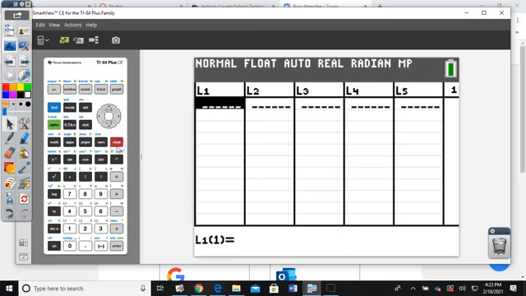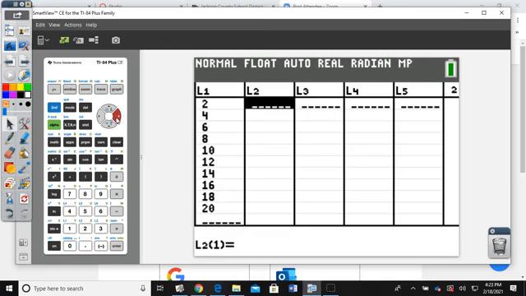Whoa. Something's not right. 2, 4, 6, 8, 10, 12, 14, 16, 18, and 20.